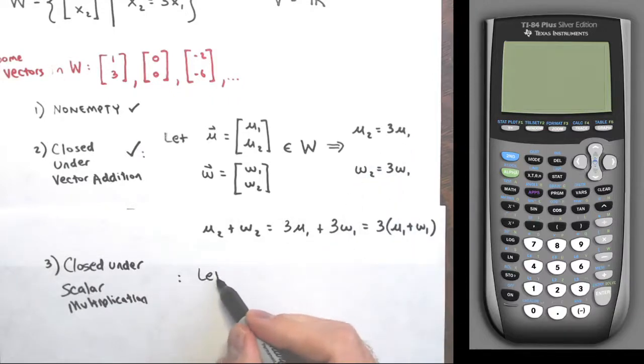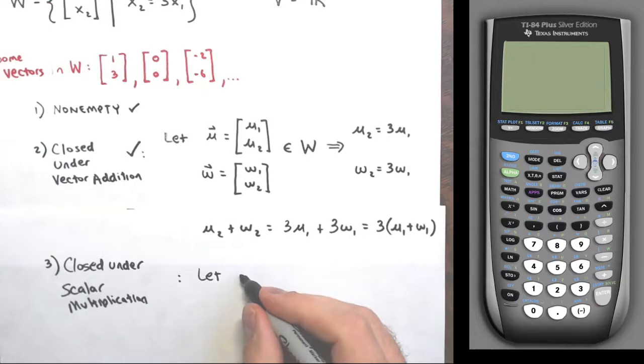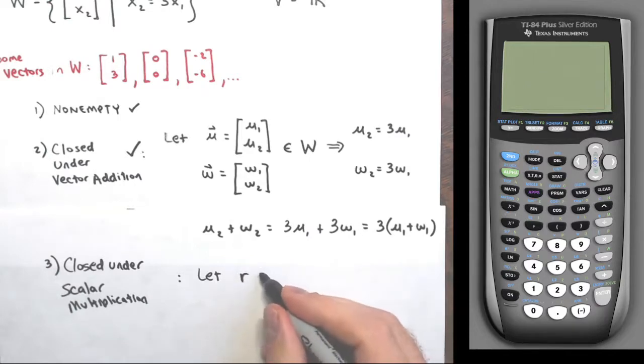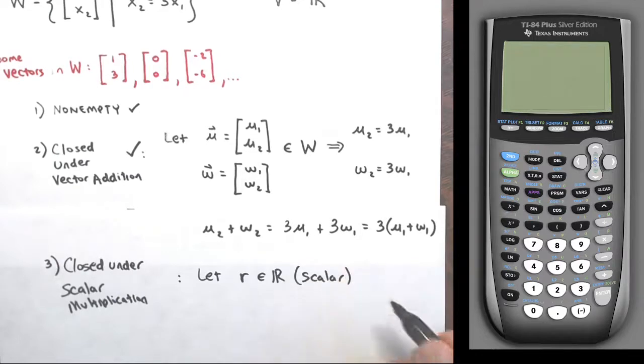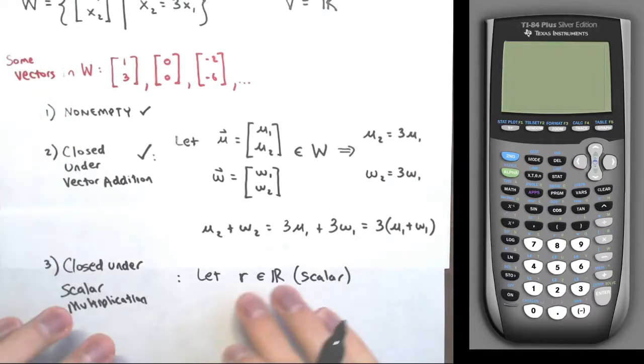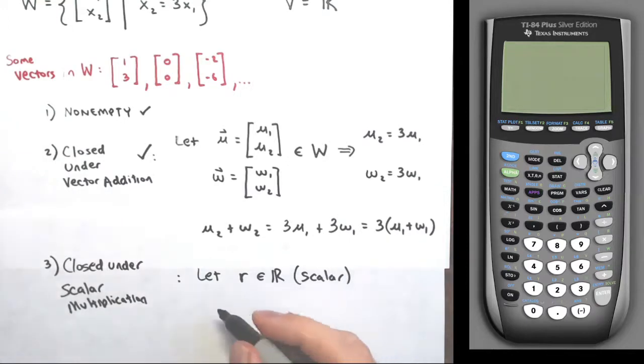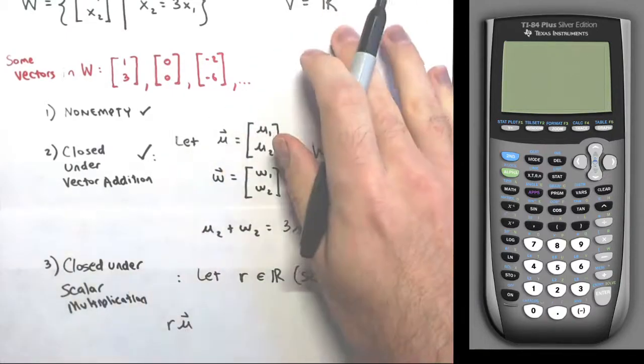And now I'm going to take any scalar. I'm going to say r for a real number. Let r belong to the real numbers, be any scalar. And again, you can't just use a specific one. One specific example doesn't prove a general statement. We have to go general here. Use letters. Then we look at the scalar multiple, r times u. Is r times u in set W?